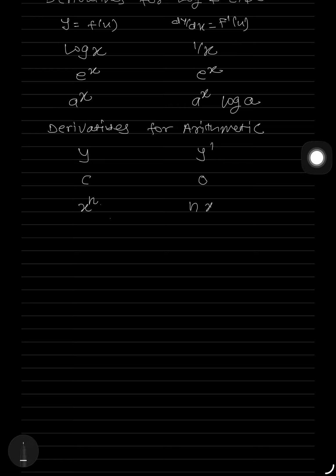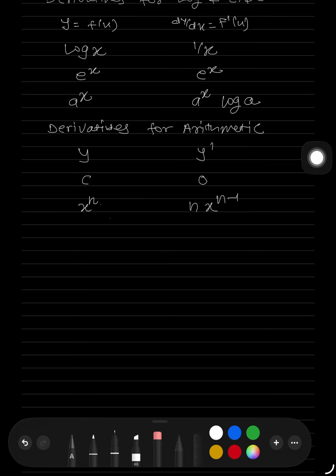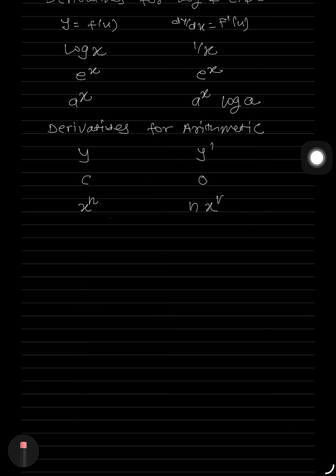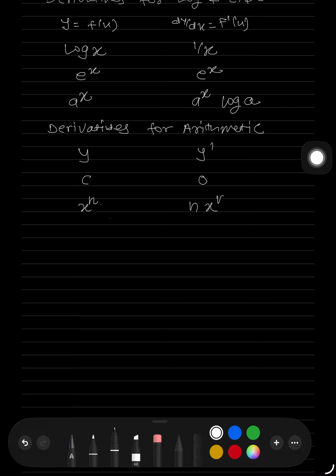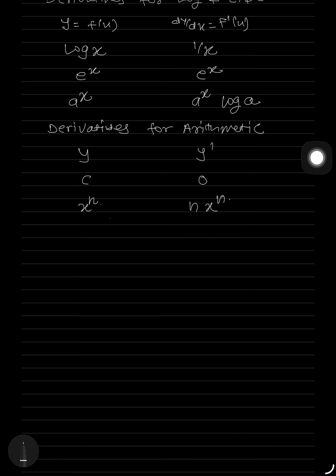The formula is n into x raised to n minus 1. Next, the derivative of 1 by x is minus 1 upon x square, and the derivative of root x is 1 upon 2 root x.